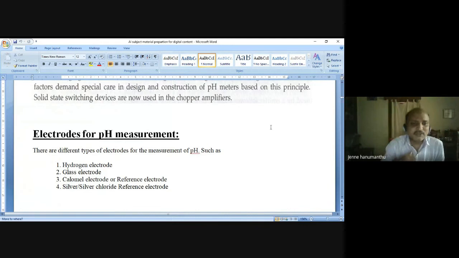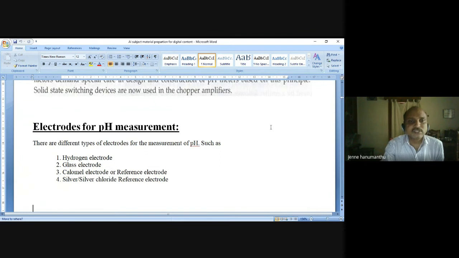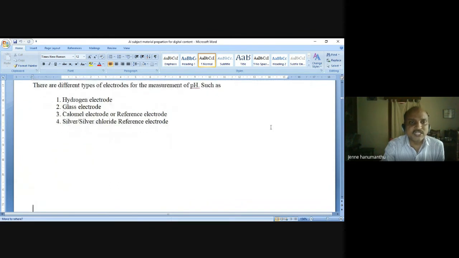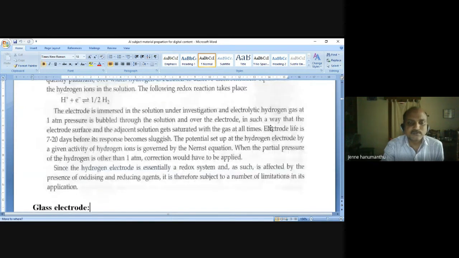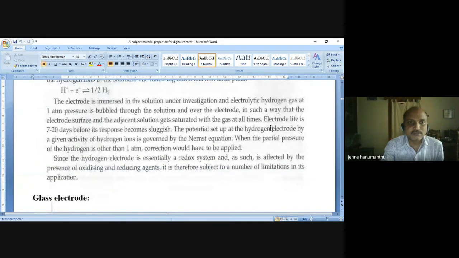And we have the other two, calomel electrode and silver chloride. These two come under reference electrodes, right? If you want to see the shape of the hydrogen electrodes or glass electrodes and reference electrodes, you can observe.